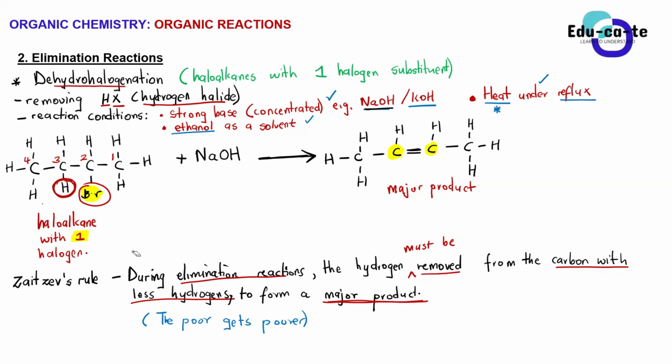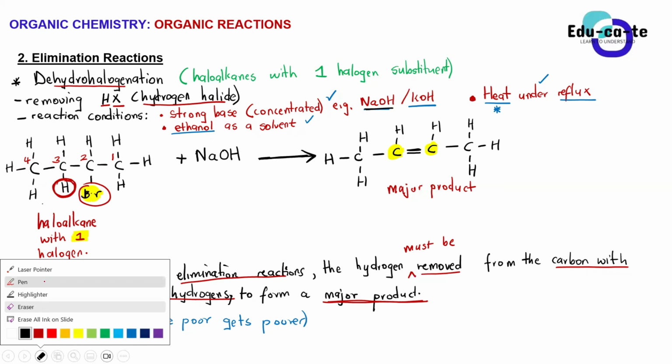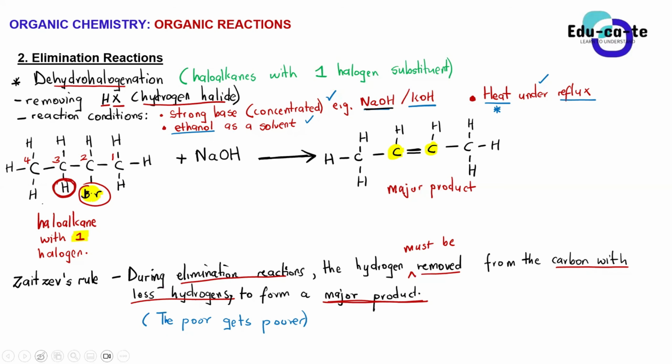Okay. And then now what happens? So this is your major product, right? We are still going to write the structural formula of a minor product as well, because you can still try to make a minor product.